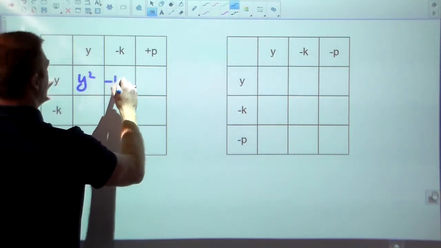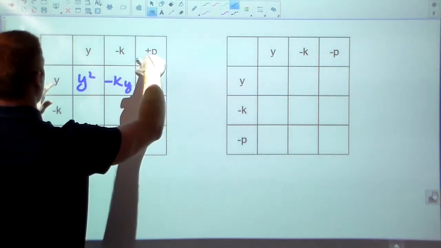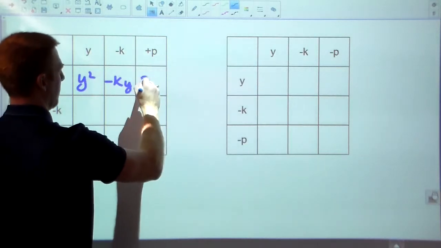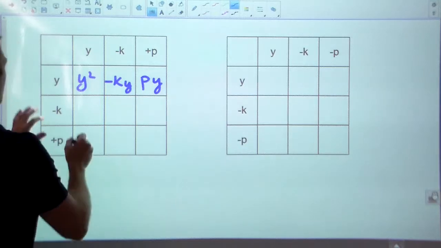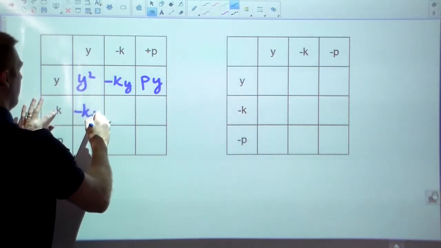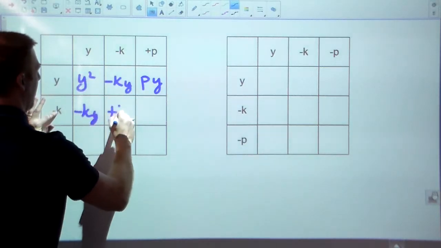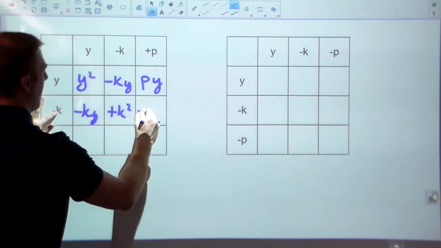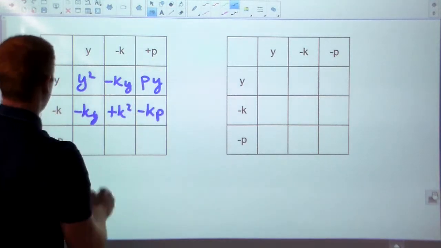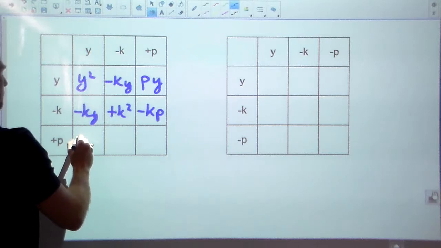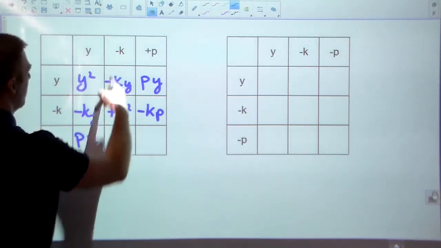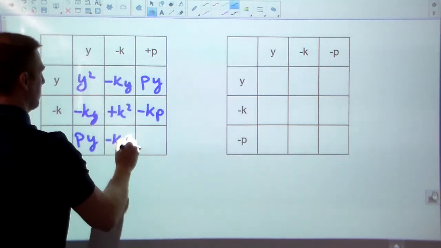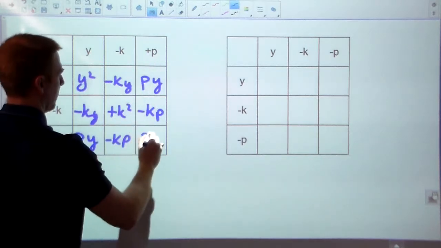So minus, and we'll say ky, and then plus, we'll say py. Again, keep it in alphabetical order. Here would be minus ky. Here would be plus k squared. Here's minus kp. Here would be plus yp, or let's do py, keep it in alphabetical order. Minus kp, and then finally p squared.